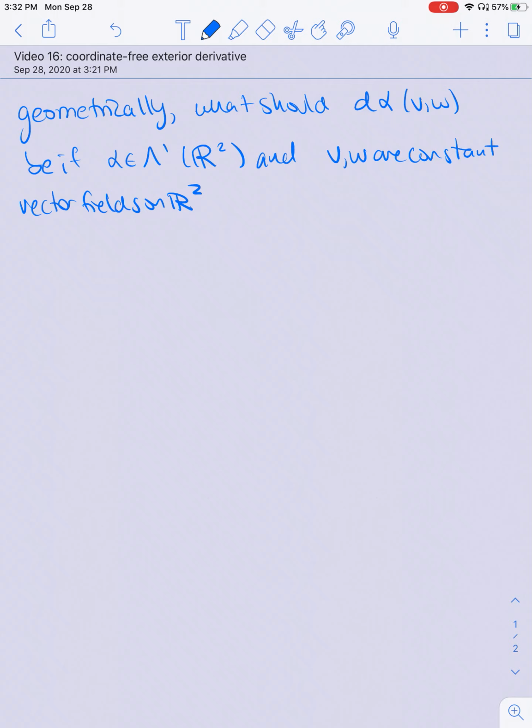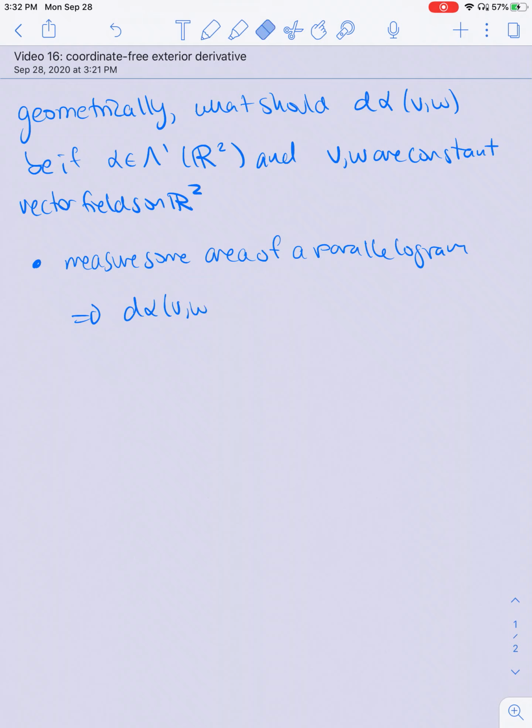d alpha of V, W should measure the area of a parallelogram. In particular, d alpha of W, V should equal negative d alpha of V, W, because I'm just switching the sign of the area I'm computing, the order in which I'm looking at the sides of the parallelogram.